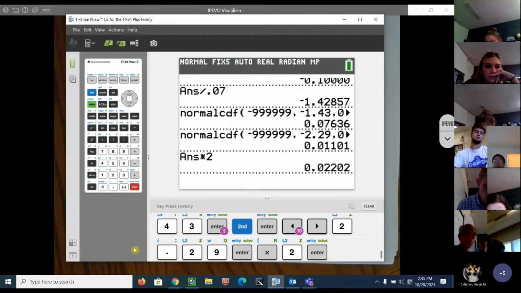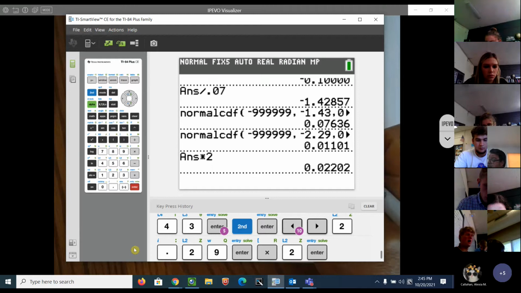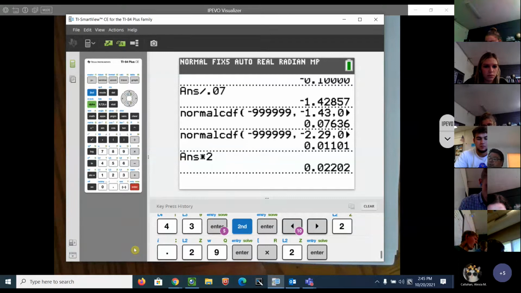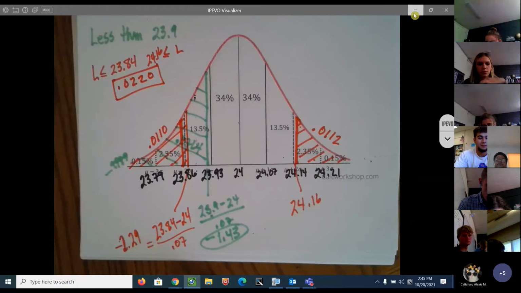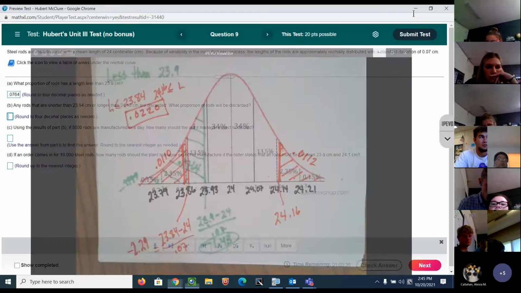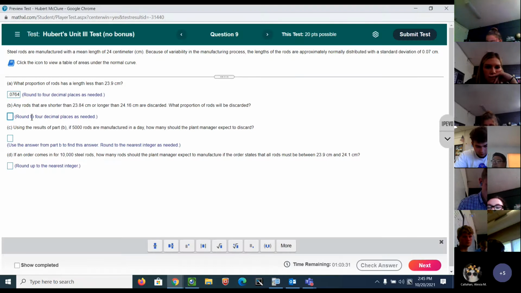So this orange area is 0.0110, and this is 0.0110, and together it's 0.0220. So 2% is going to fall in those parameters. Again, it asks for 4 decimal places.